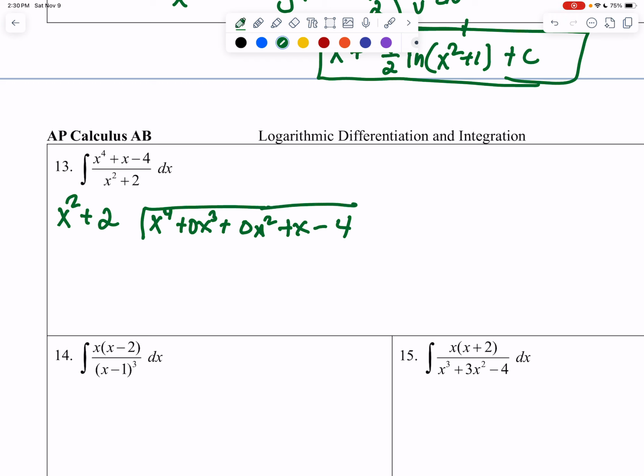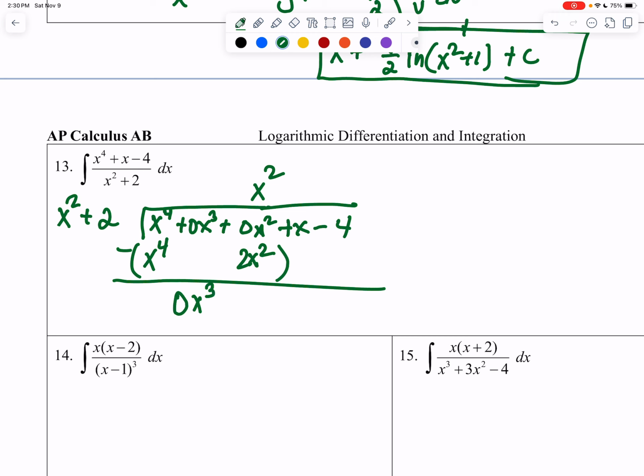Okay, so then you have x squared, 2x squared. So then you get 0x to the third minus 2x squared.